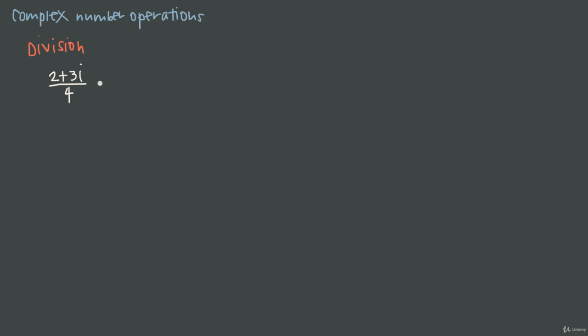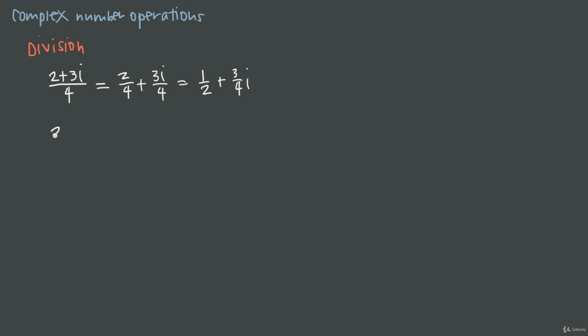So this is the same as saying 2 over 4 plus 3i over 4. And 2 over 4 we can reduce to 1/2. So we end up with 1/2 plus, we can leave it as 3i over 4, or we can just say 3/4 i, so that we can easily identify 1/2 as the real part and 3/4 as the imaginary part. So that's what happens when we divide a complex number by a real number.